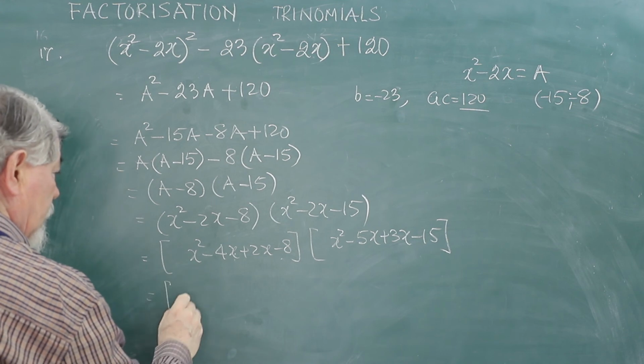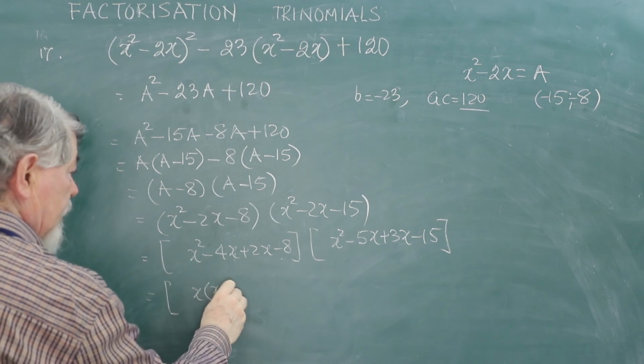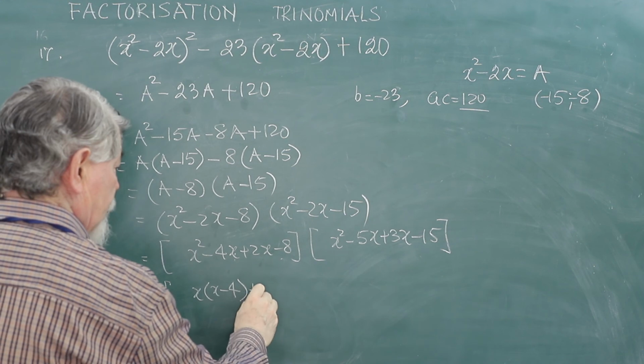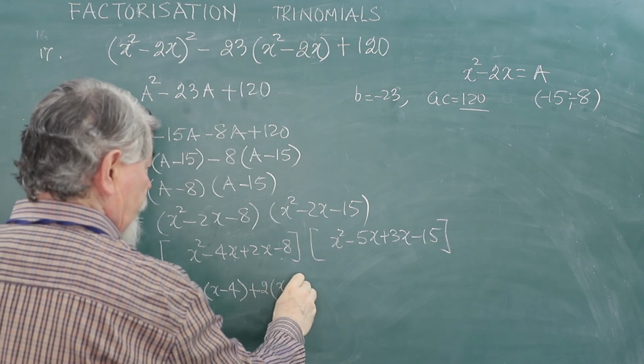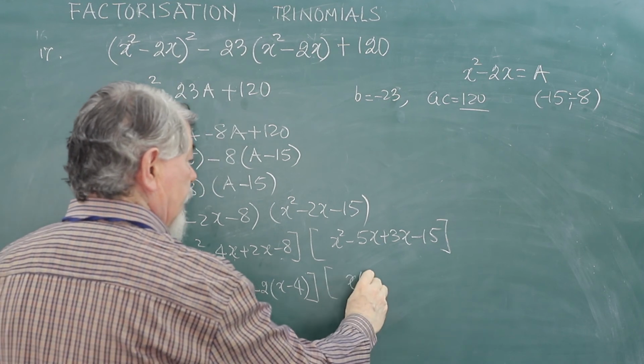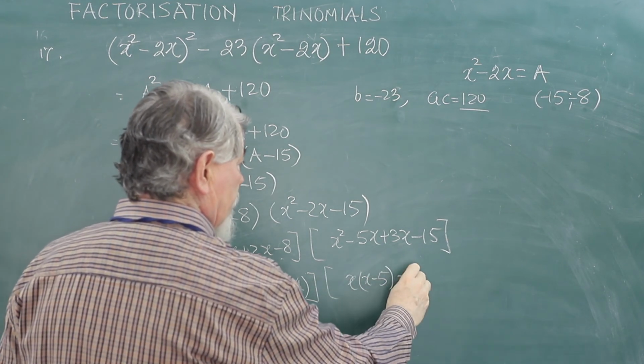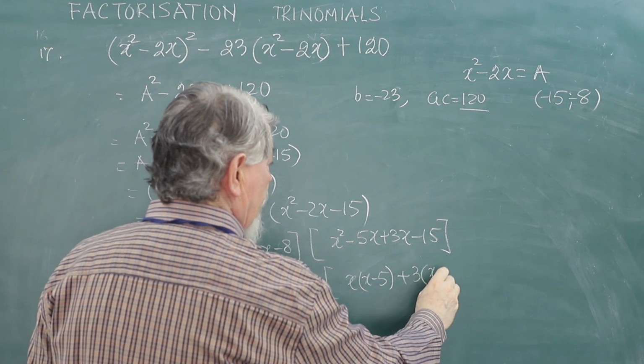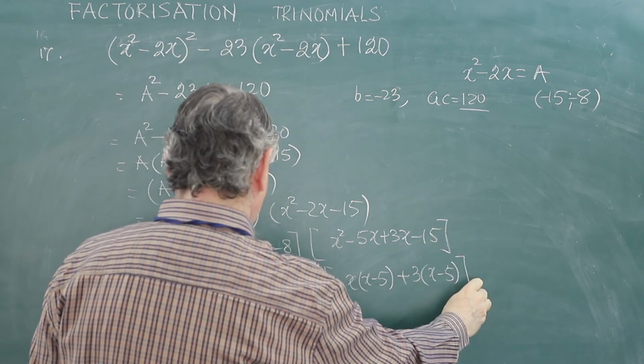Now x is common here, x minus 4 plus 2 is common, x minus 4. In this bracket x is common, x minus 5 plus 3 is common, x minus 5.